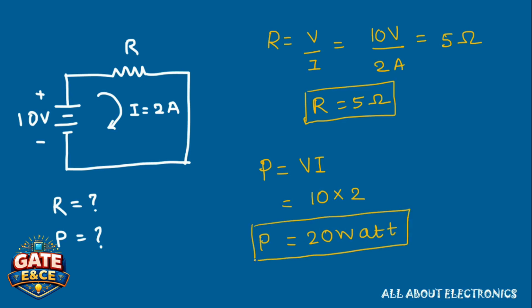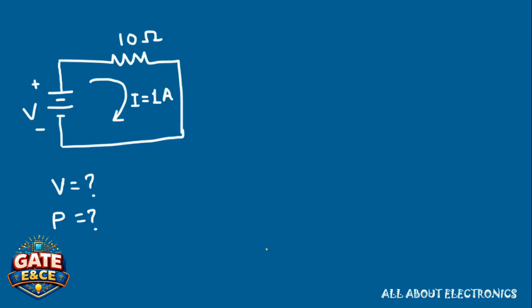Now let's take one more example. Here we have an unknown voltage source V which is connected to a 10 ohm resistor, and the current flowing through that circuit is given as I is equal to 1 ampere. So we need to find this unknown voltage, and the power dissipated across this 10 ohm resistor.